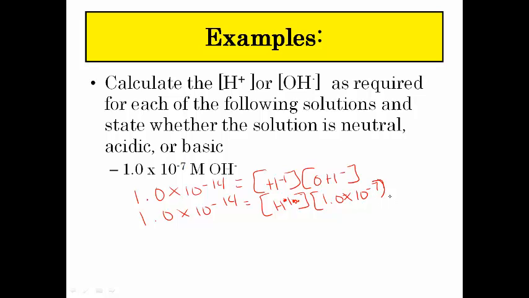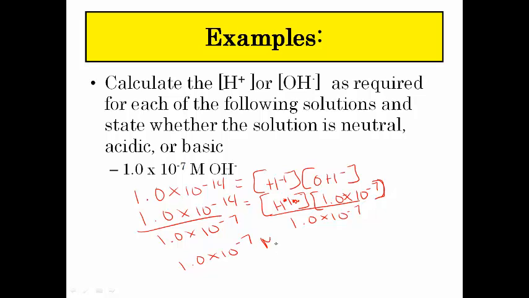So I'm going to divide each side by 1.0 times 10 to the negative 7th. Again, calculator, rules of exponents, whatever you choose to do mathematically, you still get 1.0 times 10 to the negative 7th. And again, these are all molarities, so I guess I should label.